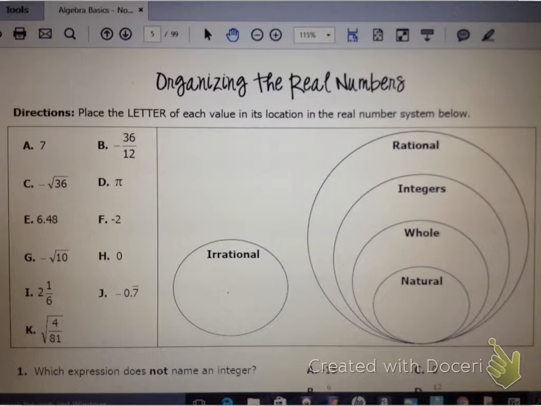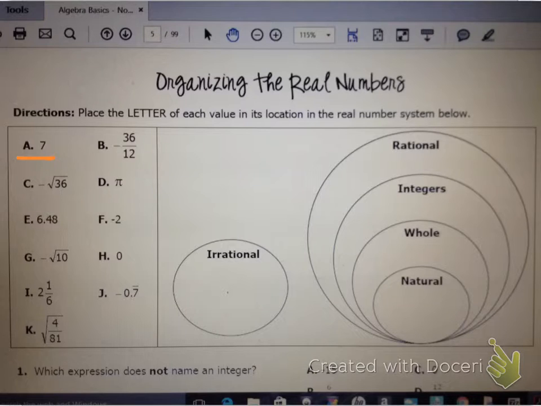So if we're looking at this, let's start off here with A. 7. So you're not gonna put it in all of these. That's where this part differs from the part we just did. You're gonna look at this and say, okay, we're gonna put it where it stops. Okay, so is 7 rational or irrational?